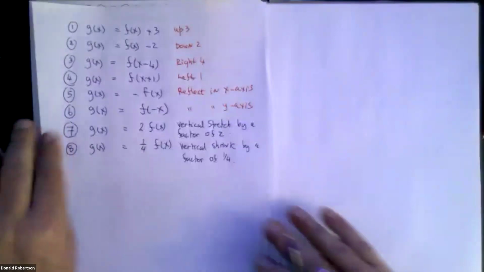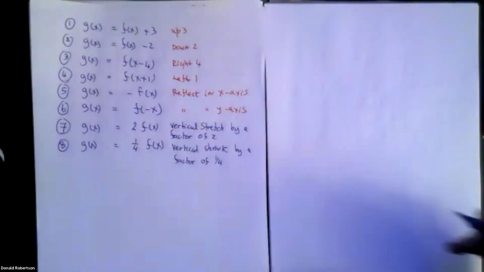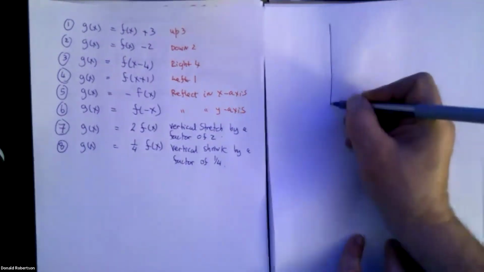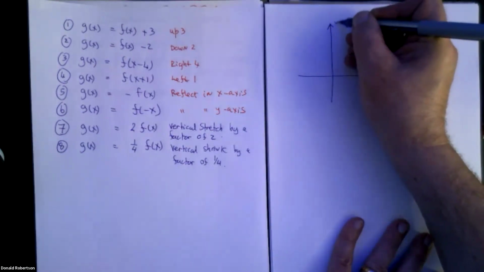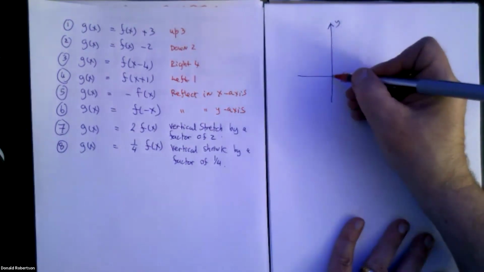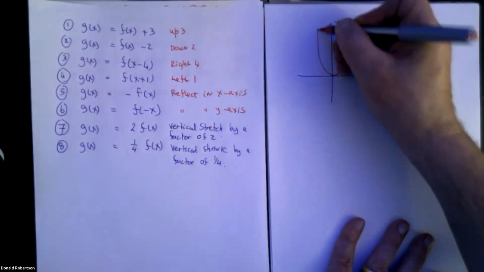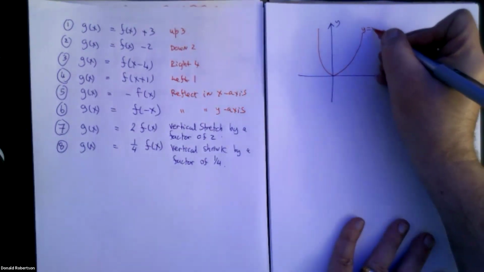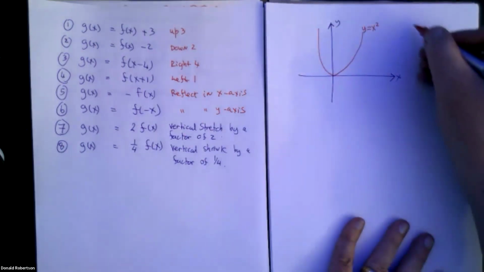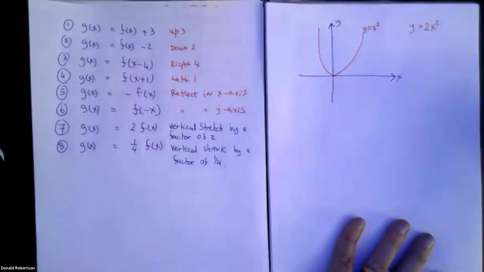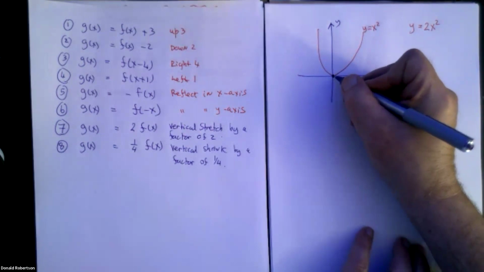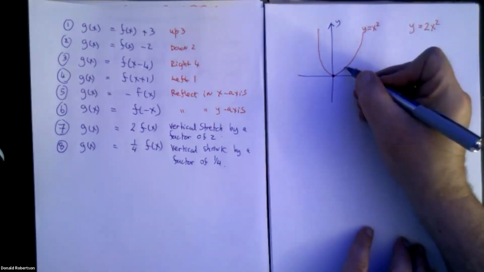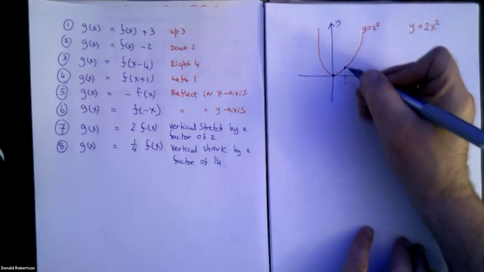Okay, so let's see what that might look like. Who shall I pick? Oh, let's pick x squared. So here is x squared. Now we would like to do that guy. Well, that point there has a y value of 0, and if you double it, you still get 0. But that guy there might be like 1, 1.